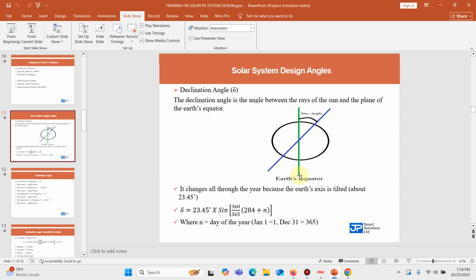The next condition we have is the summer, where we have positive 23.45 degrees on June 21st. So we say the Earth moves anti-clockwise around the sun. So its declination angle increases from 0 to a maximum value of 23.45 degrees, which means anti-clockwise, the rays of the sun are coming from this direction, until we have a maximum declination angle of 23.45 degrees.